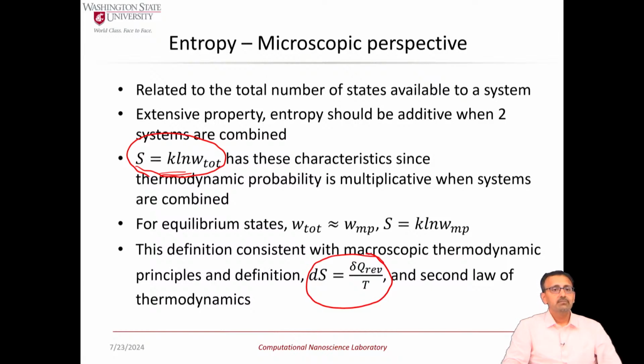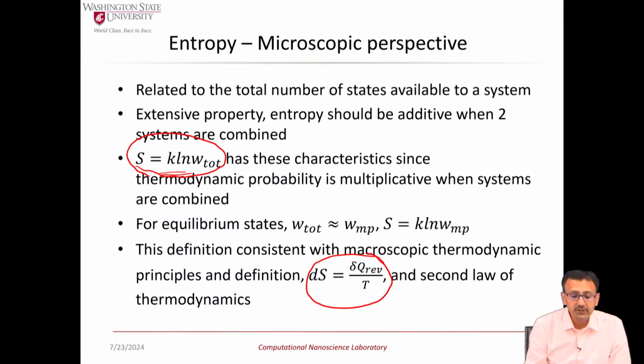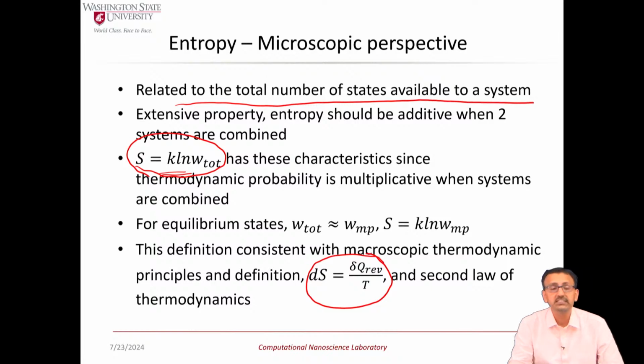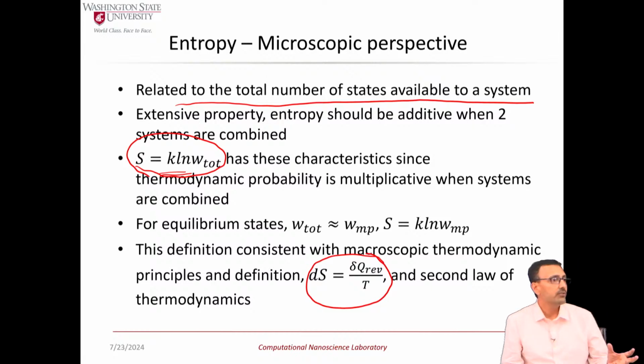It's not obvious. The way this comes up is the definition of entropy. Entropy has to be related to the total number of states available to a system at a certain equilibrium condition. We know entropy is a measure of disorder in a system. We even know from the third law of thermodynamics what the boundary condition for entropy is, that a perfect crystal at 0 Kelvin you can achieve the lowest minimum entropy, which if it's a pure single atom crystal, then it can go to 0.